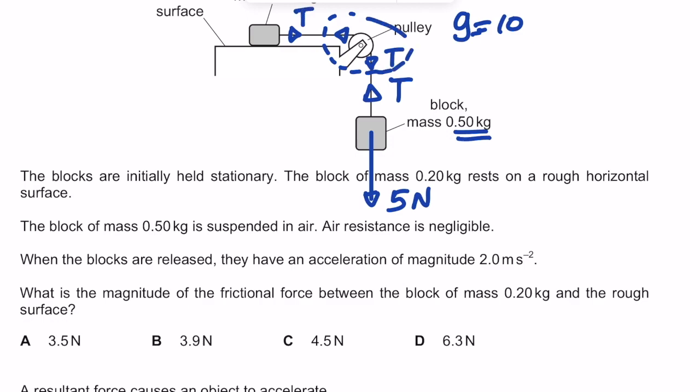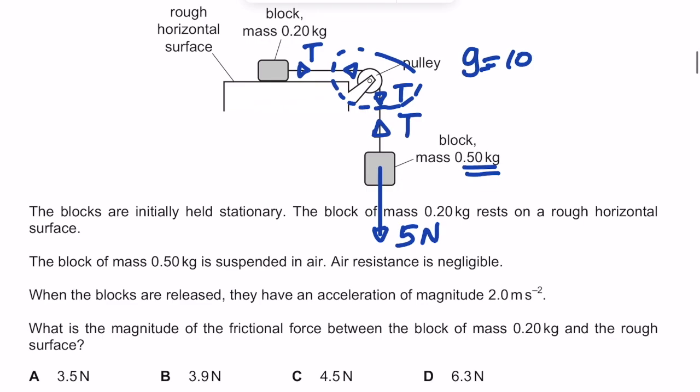And the same tension, same string, so that happens on the mass on the table also. And on the table there is a friction F. And with all this, acceleration is 2 meters per square second. The mass on the table goes forward to your right, and the bigger mass moves downward at the same acceleration because they are connected by the same string.